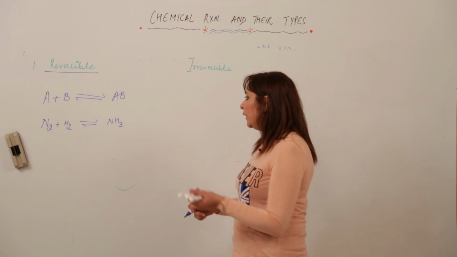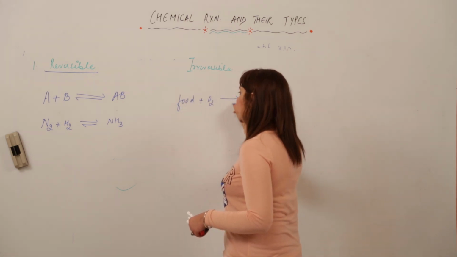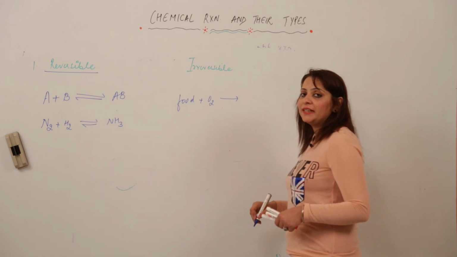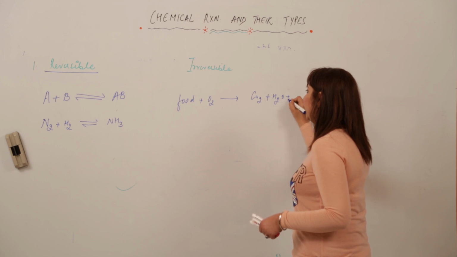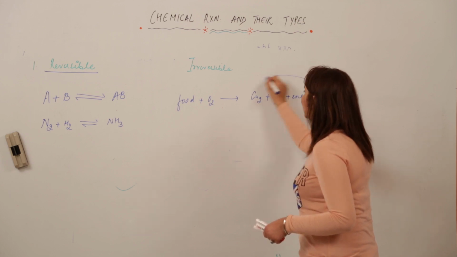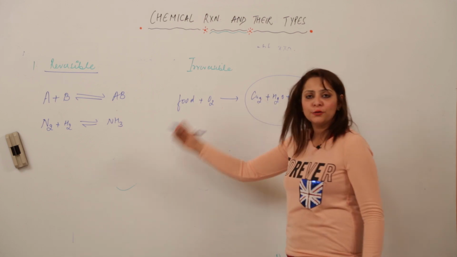For example, you are eating food and oxidizing the food. That means food is getting broken down in the presence of oxygen. What do we get? We get CO2, water vapor and energy. So can this CO2, water and energy unite back to form food?